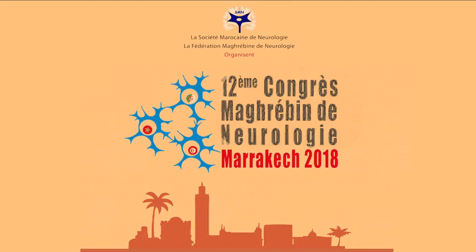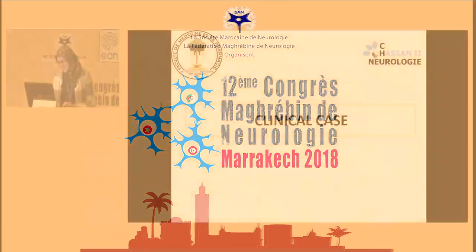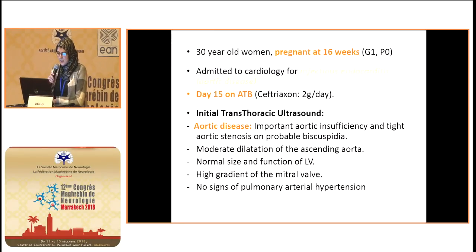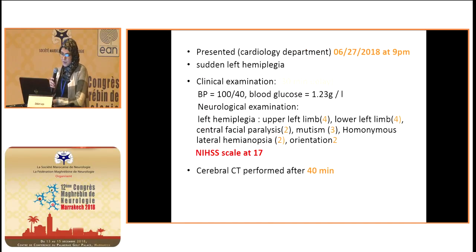Very quick. Thrombolysis alert. Good afternoon. So I'm going to present a case about a 30-year-old woman, pregnant at 16 weeks, admitted to cardiology for infectious endocarditis, day 15 on antibiotic. Moderate dilatation of the ascending aorta, normal size and function of the left ventricle, and high gradient of the mitral valve.